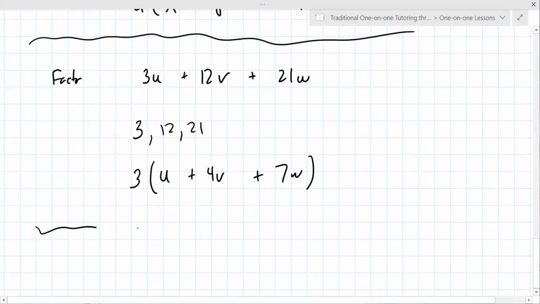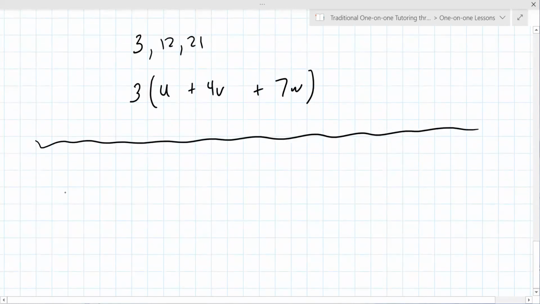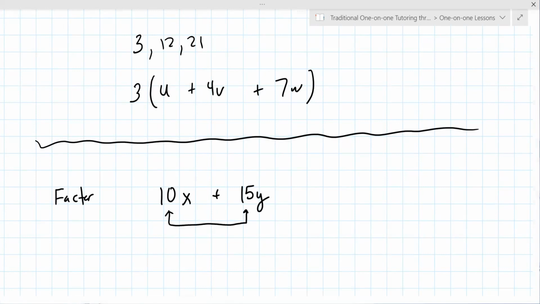Okay, so let's have you try one. Factor 10x plus 15y. So you're looking at these two numbers. What's the biggest number that goes into both of them?